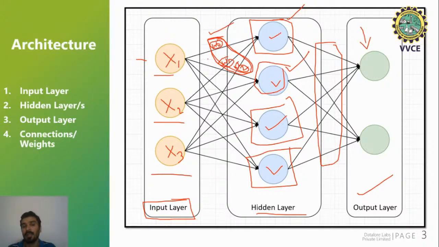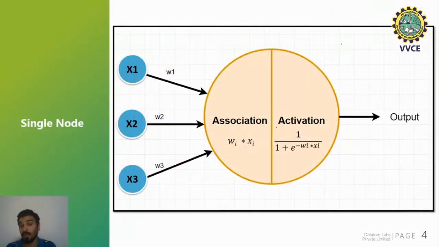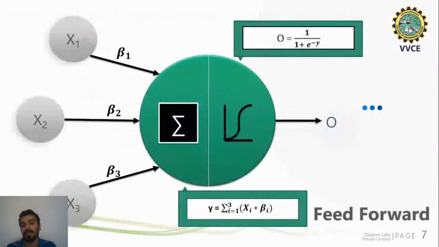Once you initialize these weights with some random values, the neural network does two things to learn the optimum weights. The first step is called feed forward or forward propagation. Both terms can be used. In the feed forward step, you take your input, let's say in this case x1, x2, x3.